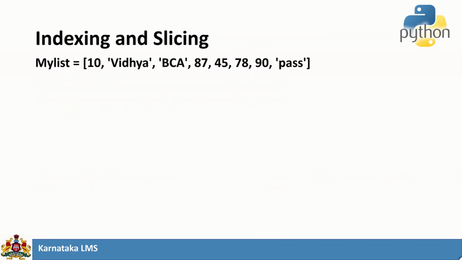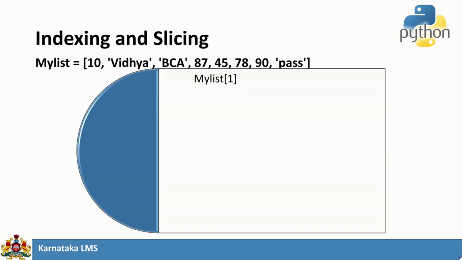Indexing and slicing. Slicing is used to extract a part of a list from the given list, or you can create a sublist, a slice of a list. Consider this particular example. my list is equal to 10, Vidya, BCA, 87, 45, 78, 90, pass.